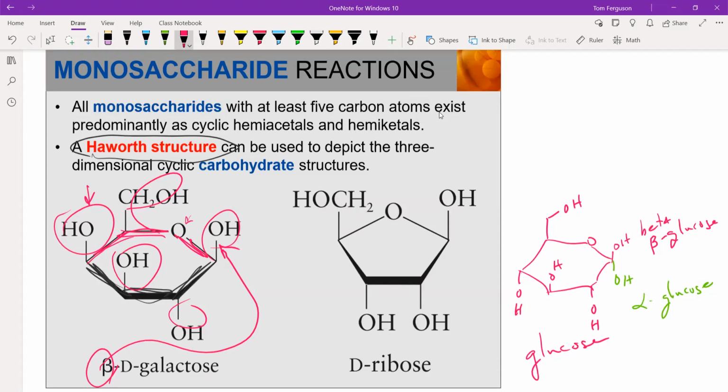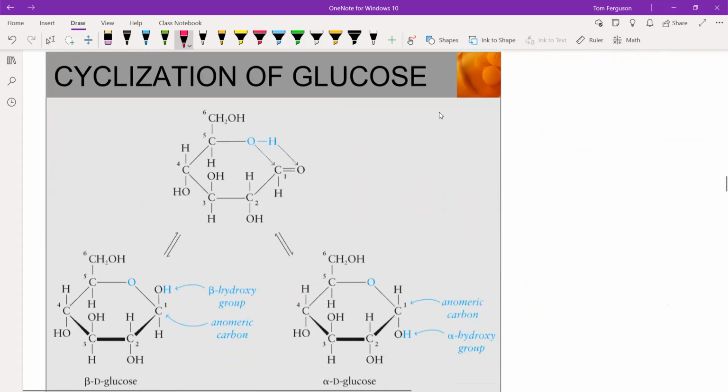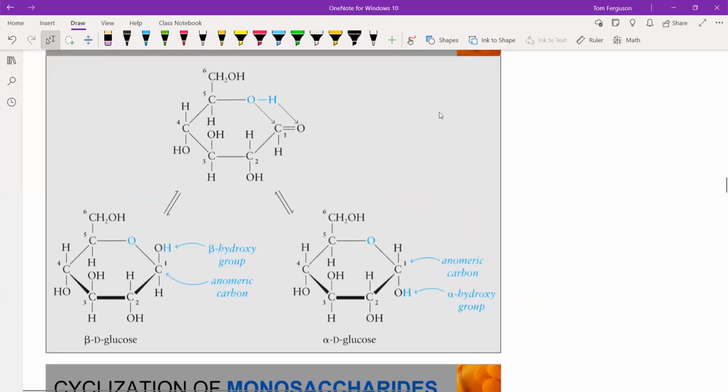You've all heard of lactose. Lactose is a disaccharide. Lactose is a combination of glucose plus galactose. Here we have beta glucose, alpha glucose.